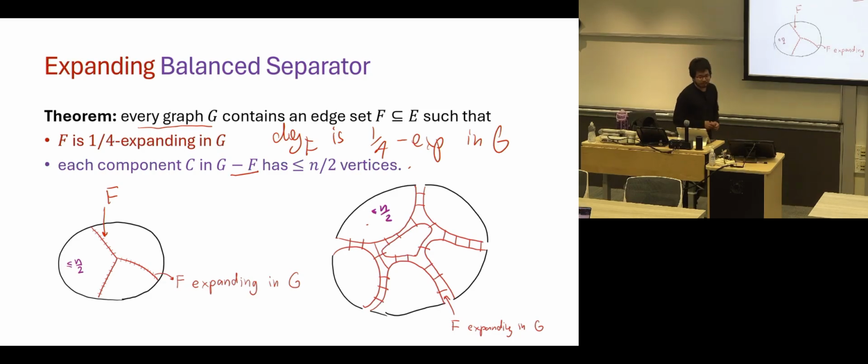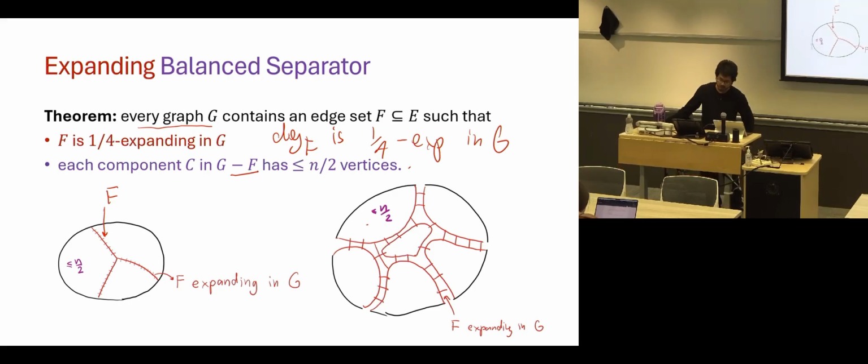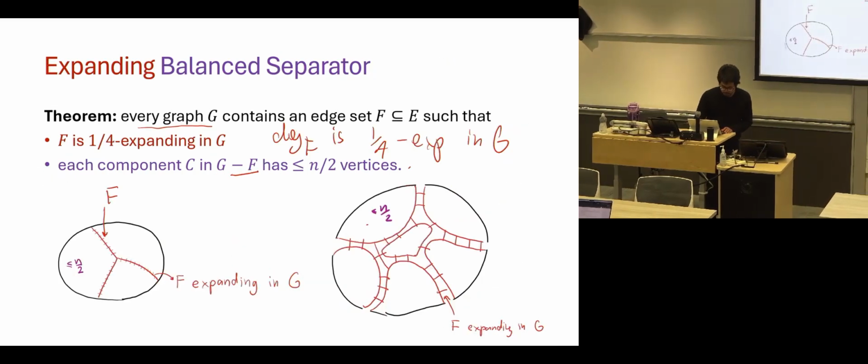So let me continue from last time. Last time we have seen two things. One is expanding balance separator. An expanding balance separator is a set of edges, F, such that F is expanding in G, and also it's a balance separator.